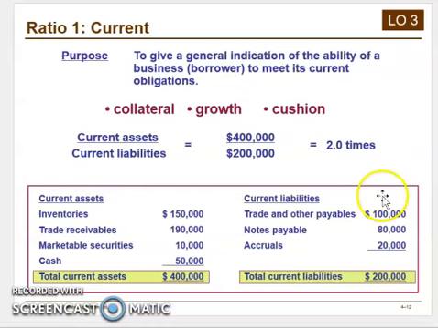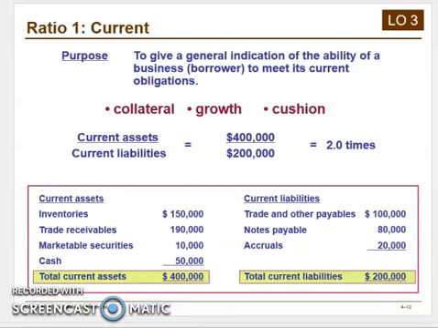So the first thing we're going to do is look at the current ratio. The current ratio, as I mentioned, is to give a general indication of the ability of the business to meet its current obligations, so for collateral growth and kind of a cushion as well. You want to make sure that you have enough cash to cover your current liabilities, plus that cushion to make sure that if anything else comes up, you have enough as well.